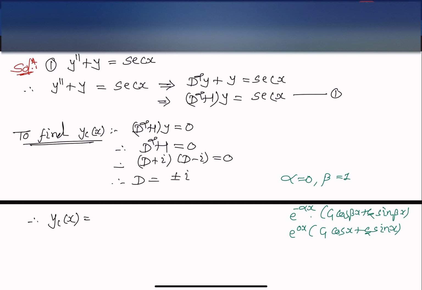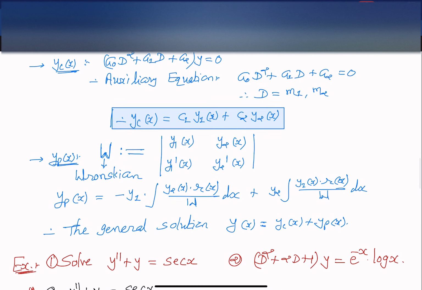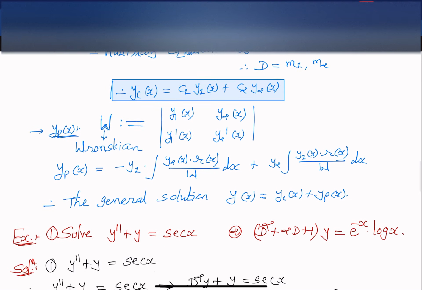And so what is our ycx? e raised to 0 is 1, right? So this is C1 cos x plus C2 sin x, where C1, C2 belong to R. This is our ycx. Very much important, right? Now see, if you look at variation of parameters, then in ycx we are writing C1 y1 plus C2 y2, and those y1 and y2 we are using in the Wronskian, right?